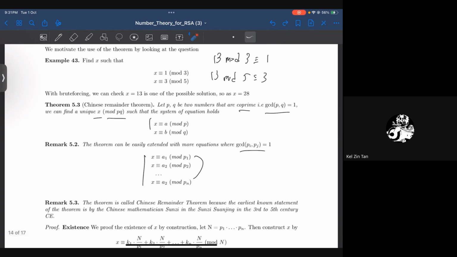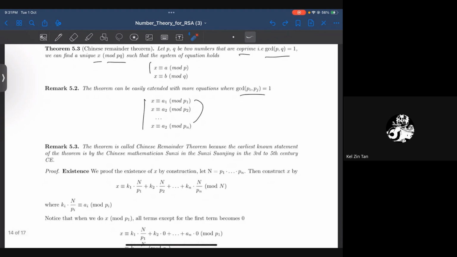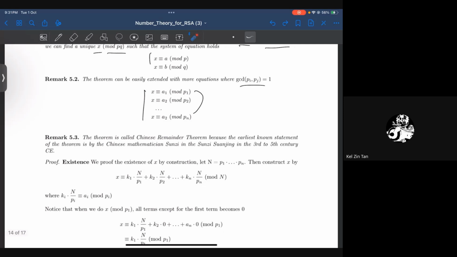If you are interested in the history, you can go look it up. But it was formally written down by Euler, I believe, in the 60s or 70s. I forgot the years, but yeah.